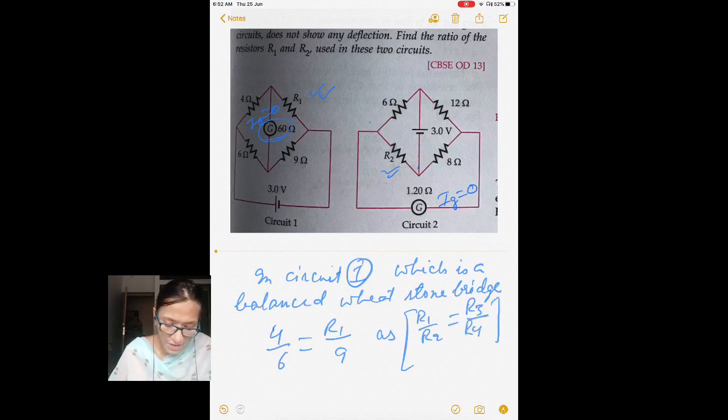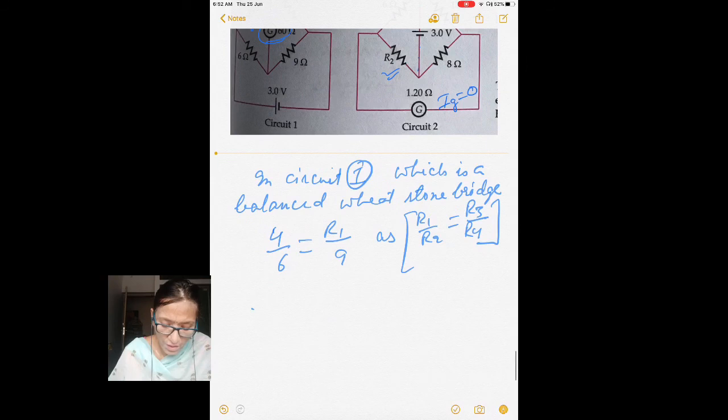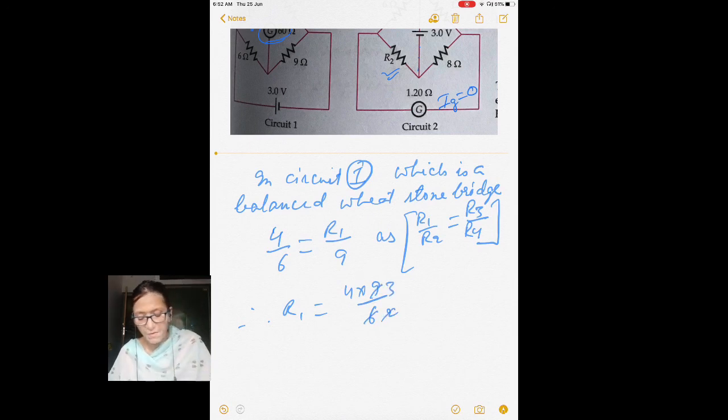Therefore, R1 comes equal to 4 into 9 upon 6. When you simplify, you will find R1 comes equal to 6 ohm.